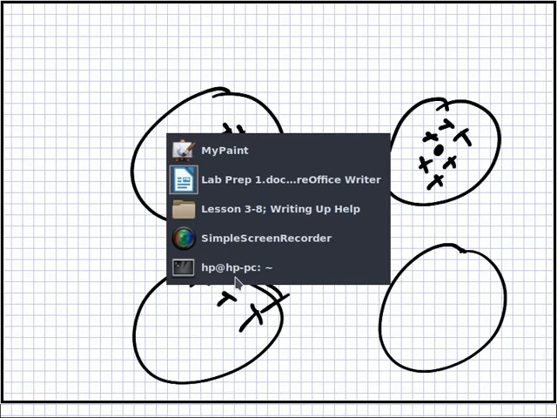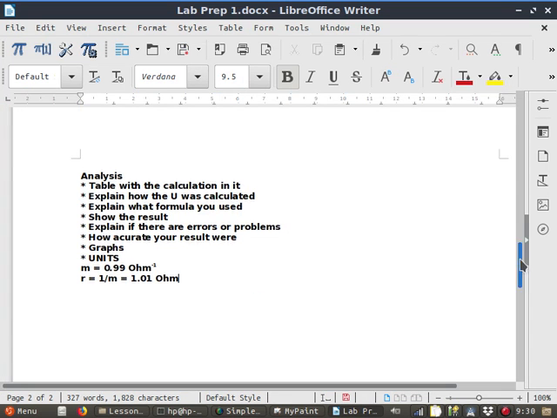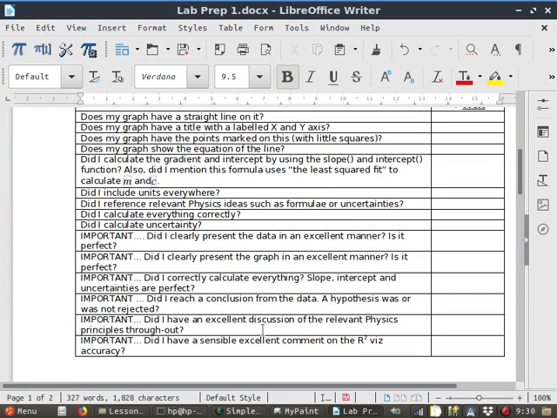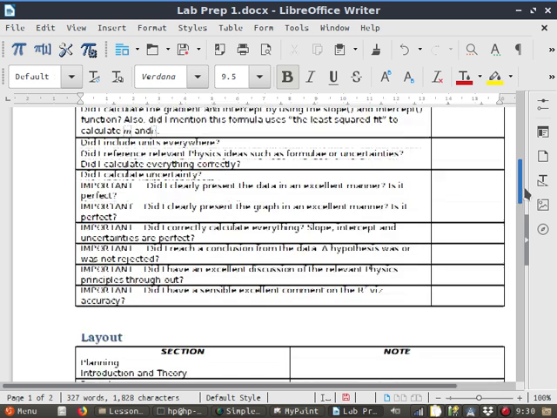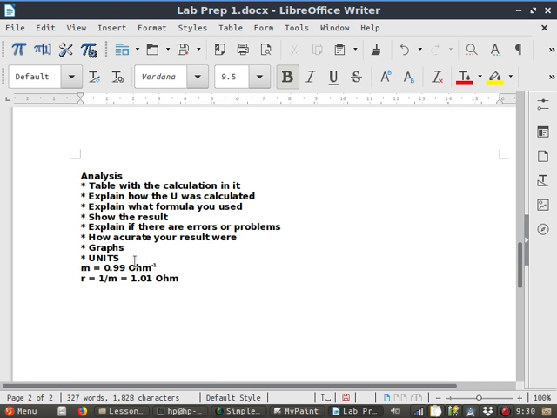So if you look here at what I have, oh yeah, and then the last thing, you need comments. So for example, in the second graph, what can you say about the second graph?